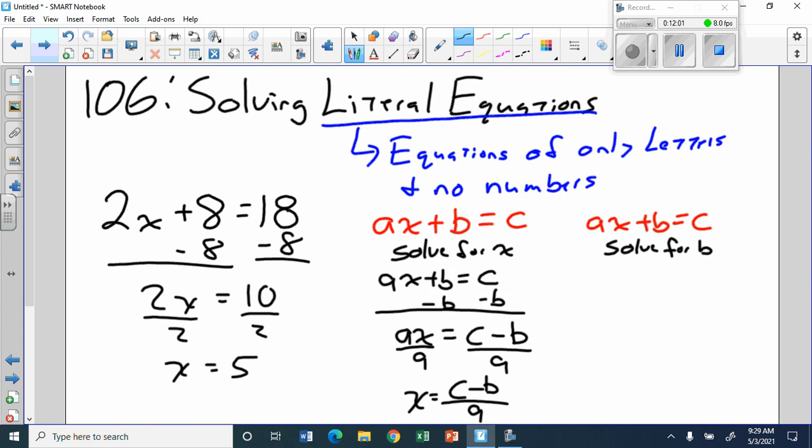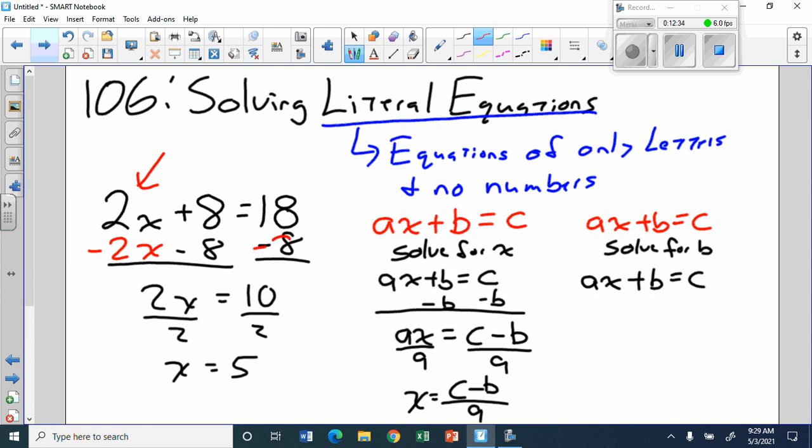So now this one right here wants us to solve for b. So I have ax plus b equals c. Over on this one here, you don't have to draw on this one, but how would I have removed the 2x from this side? I would have subtracted.